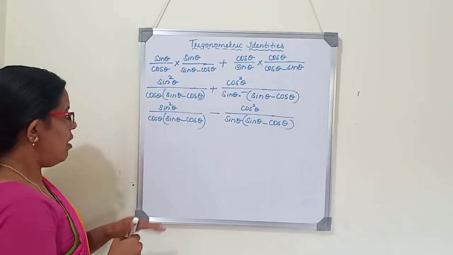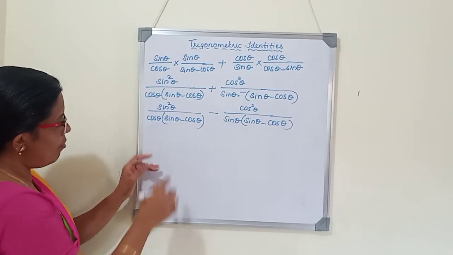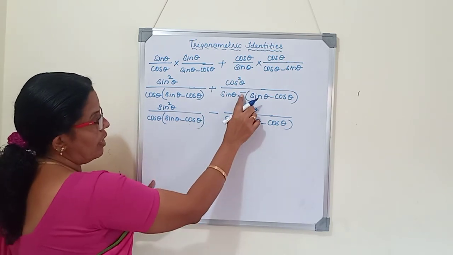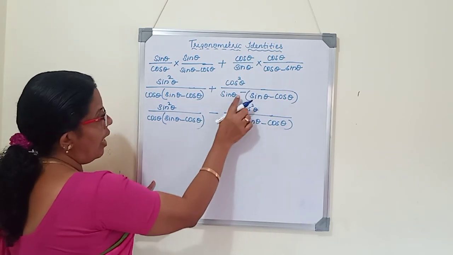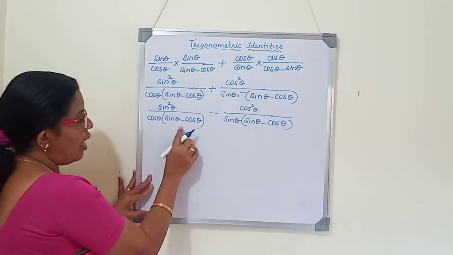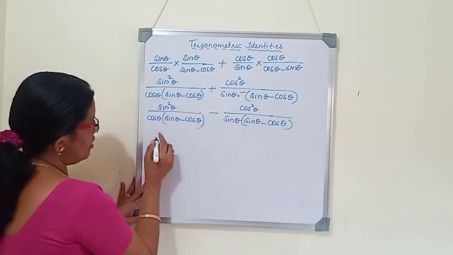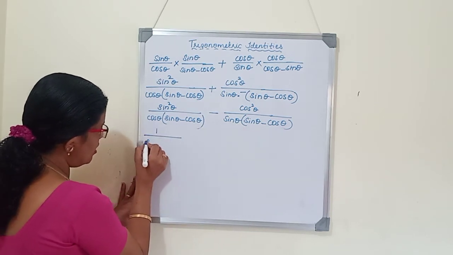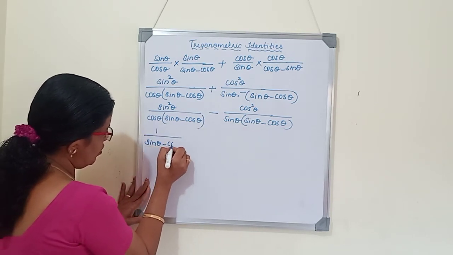Now you see, in both fractions one common term is there in the denominator, sin theta minus cos theta. To get this only, we have taken the sign outside and changed the sign to minus. Now we will take this common factor outside. As it is in the denominator, the common factor is 1 by sin theta minus cos theta.